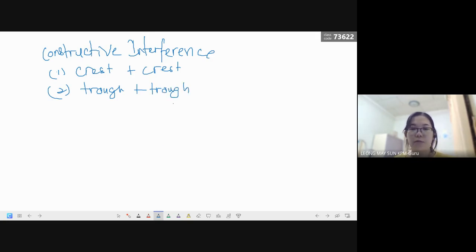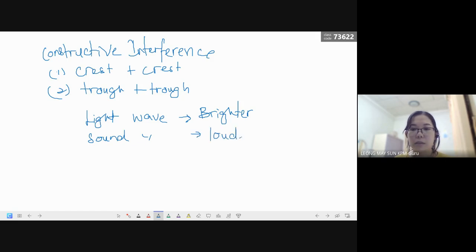That's constructive interference. In terms of light wave, constructive interference would be even brighter. In terms of sound wave, it would be louder. In terms of water wave, it would obviously be higher. So that is constructive interference.